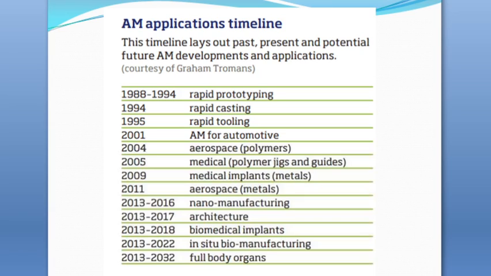In 2013 to 2017, architecture uses AM processes. In 2013 to 2018, biomedical implants use AM. In 2013 to 2022, in future, in situ biomanufacturing uses the AM. In 2013 to 2032, full body organs use the AM.